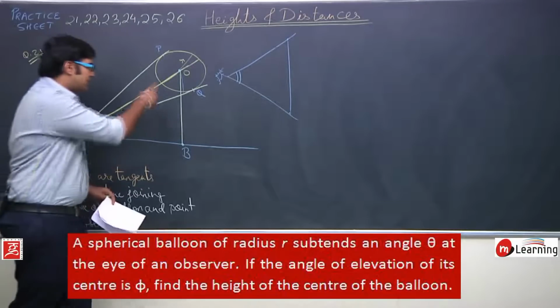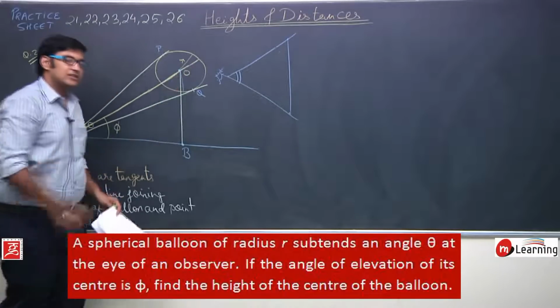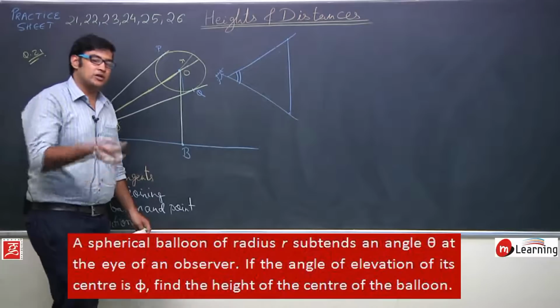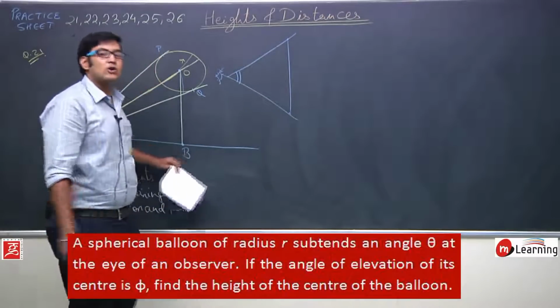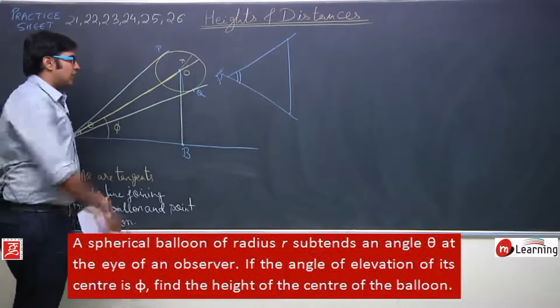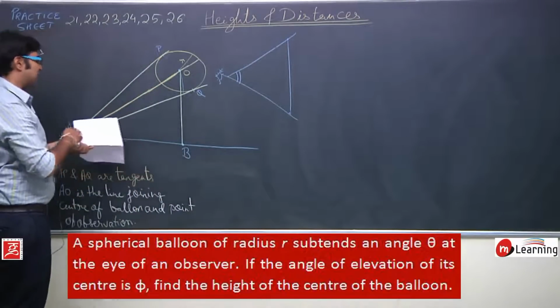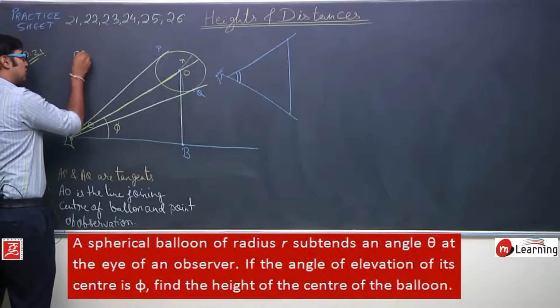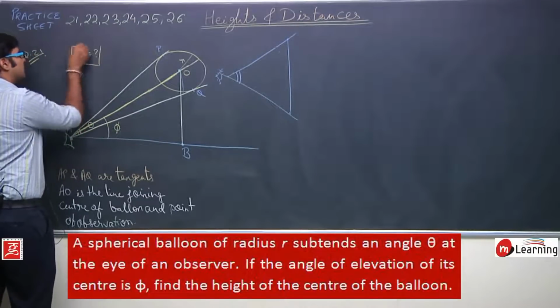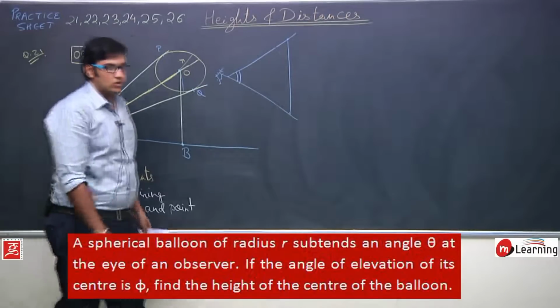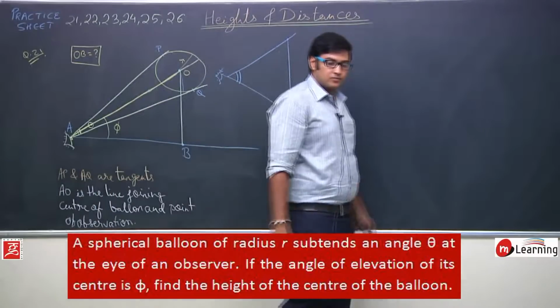And this OB represents the height of the center from the ground level. I need to calculate this OB. My task is to calculate the value of OB. So this is what we have done.